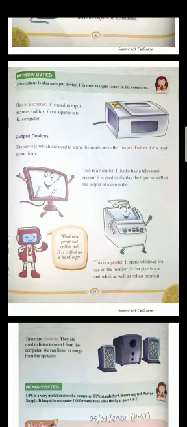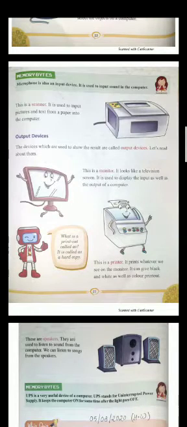Here Robo comes and asks, what is the printout called? The printout on the paper is called a hard copy, and the result inside the computer which we can't touch is known as a soft copy.